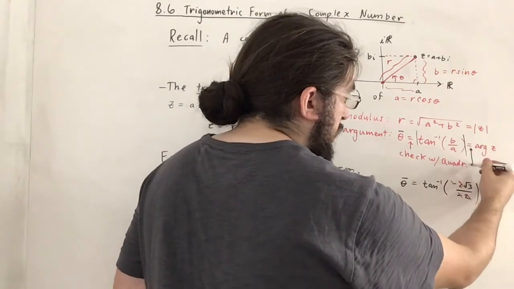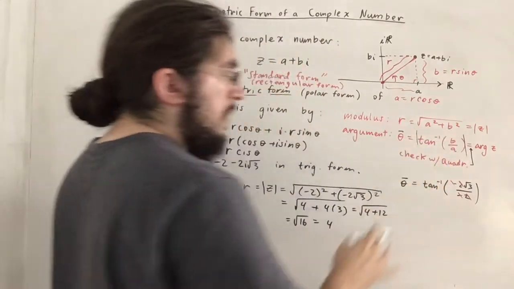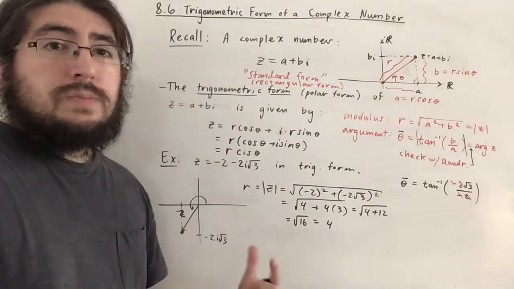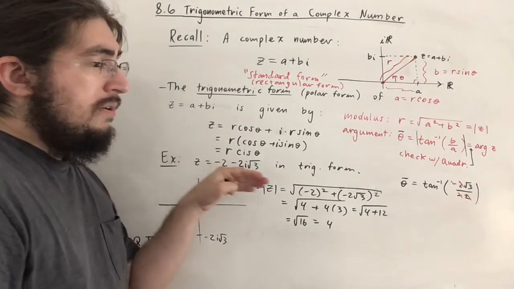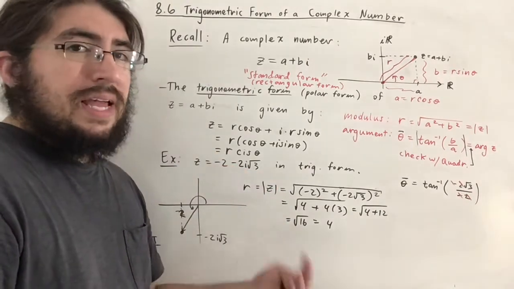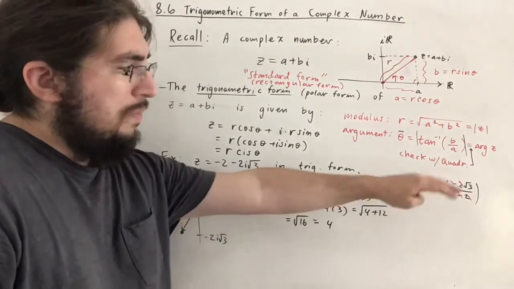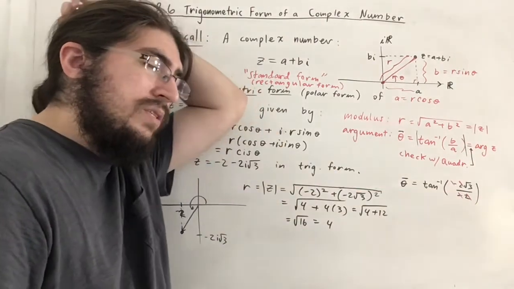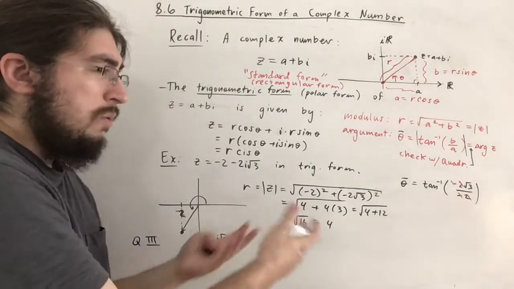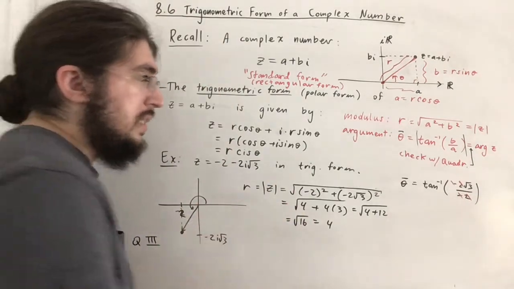But then from here, you can check with the quadrant. So maybe this is a better way of writing it. I know that sounds a little funny, but to be honest, this is the hardest part of converting a number from standard to trig form, because you have to find the angle, and finding the angle is the hardest part because you have to use tangent inverse, and there are some domain and range issues. That's what we're experiencing here, so it's good that we're seeing this together.